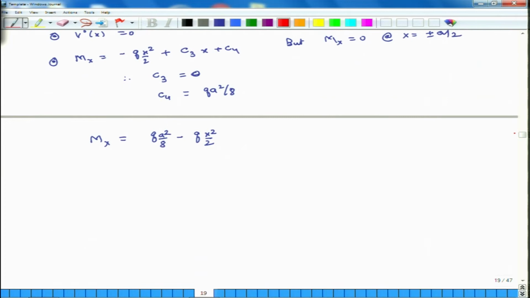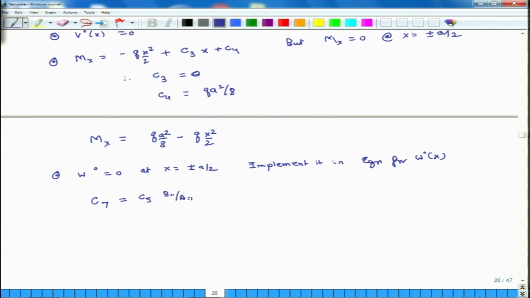We know that W is equal to 0 at x is equal to plus minus a by 2. If we implement this condition in the equation for W naught x, what do we get? We get 2 conditions. C7 is equal to C5 times B11 by A11.